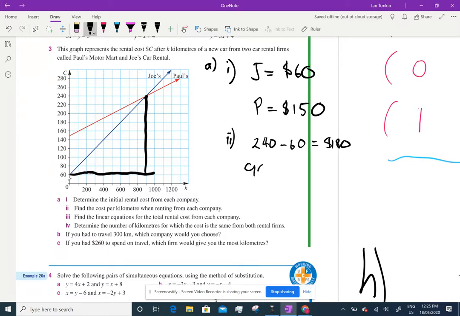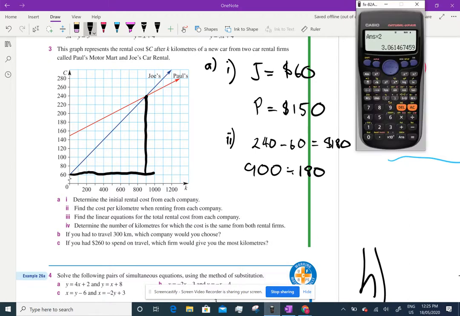So 900 divided by 180, and I'll have to use my calculator here. 900 divided by 180. That means 5 kilometres for every $1.